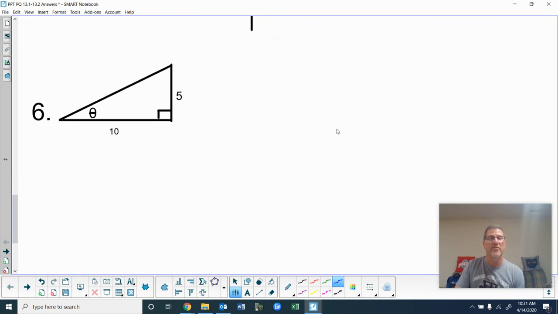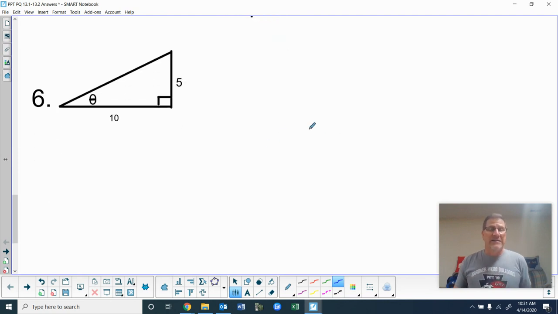Okay, number 6 is another 6 trig function problem. So we have to find sine, cosine, tangent, cosecant, secant, and cotangent. And I have to find the hypotenuse first. So I have to do a squared plus b squared equals c squared. So 10 squared, we'll call a.